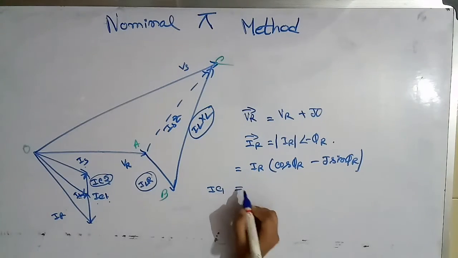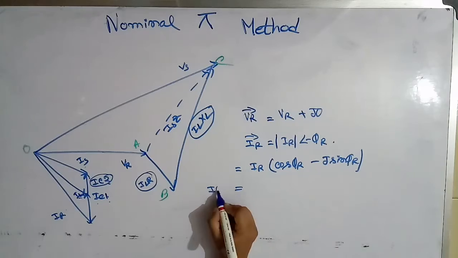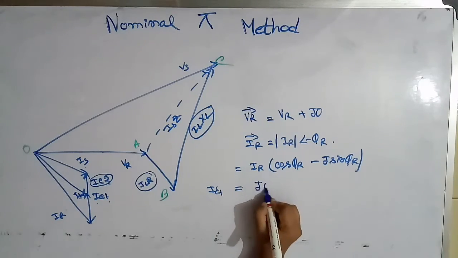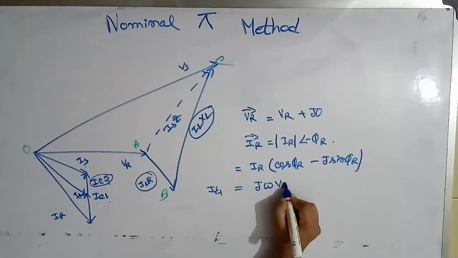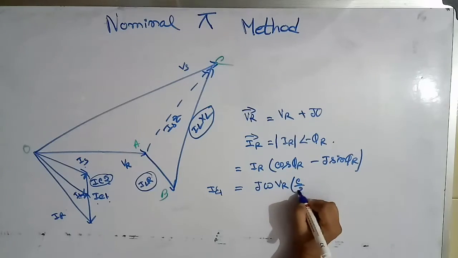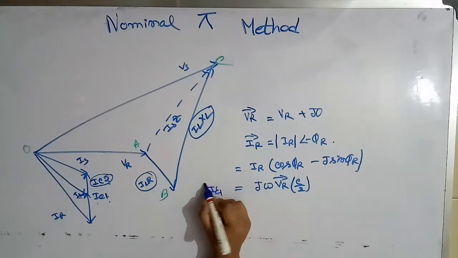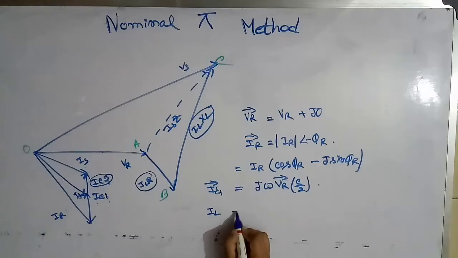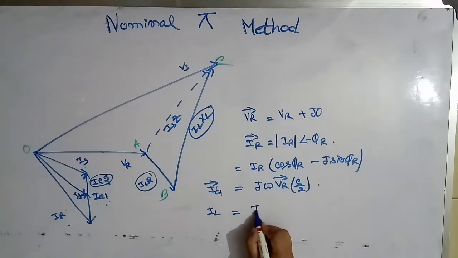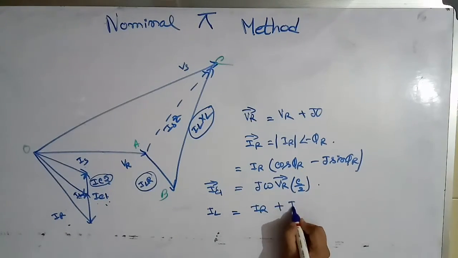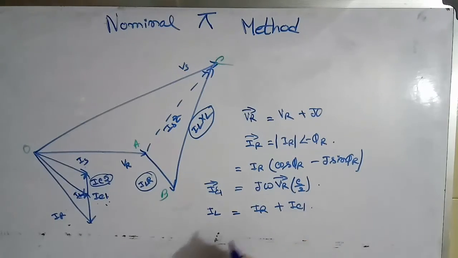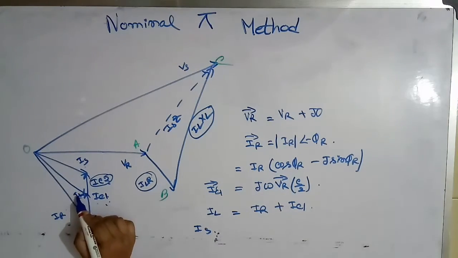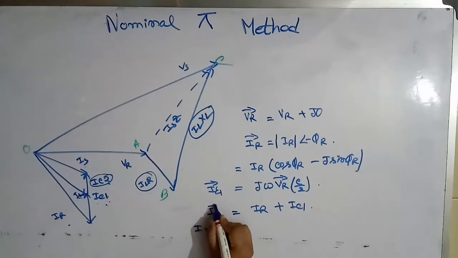IC1 is written as j omega VR C by 2. IL is equal to IR plus IC1.